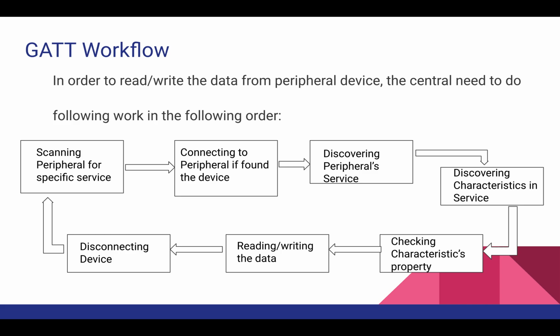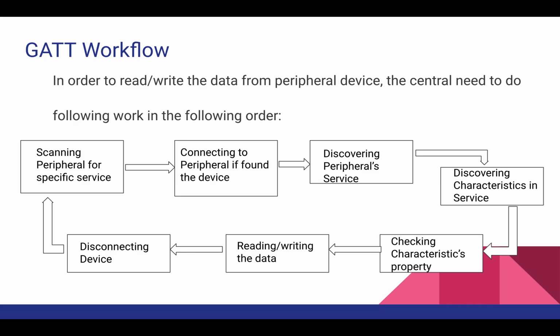But the problem is how we can know which is the desired peripheral, the one that contains the desired service for which we are looking. To identify this, the central checks if the peripheral contains the service of the given UUID. If yes, then it moves to the connecting phase and establishes the connection.